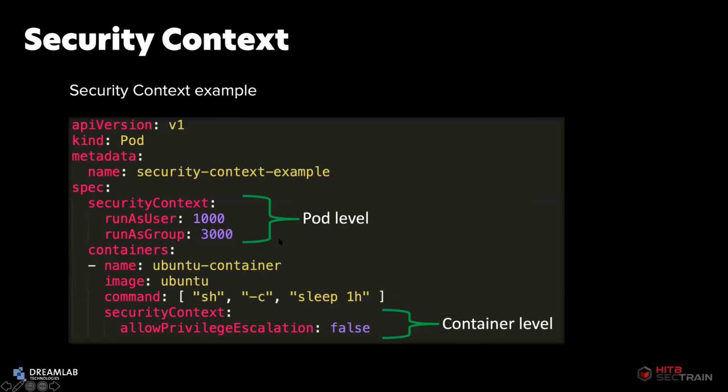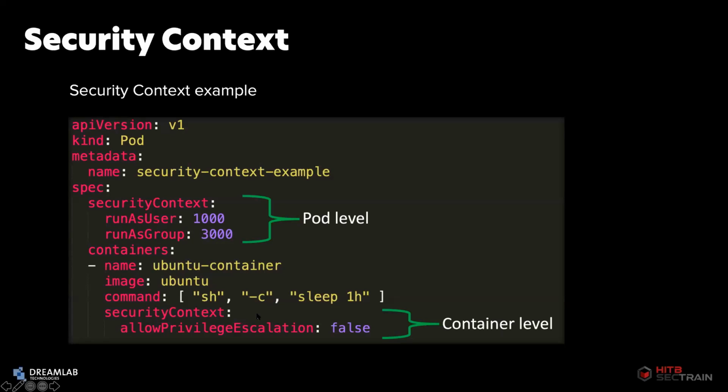The pod contains the containers. So a pod can contain several containers inside it. And there are some features that you can apply to all of them. This means that it's a definition at pod level. For example, this one, the security context runAsUser, runAsGroup. You specify a user ID and a group ID to run all the containers inside this pod.